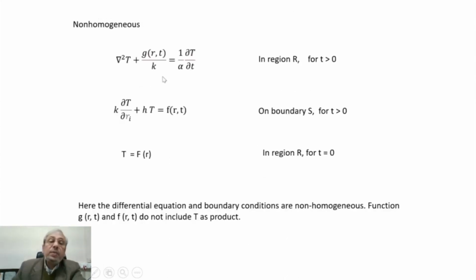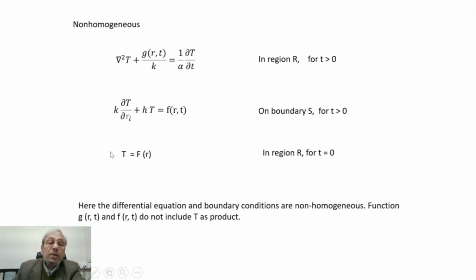The non-homogeneous problem we have also defined, which is Laplacian T plus g(r,t) by k equal to 1 by α ∂T/∂t in the region R for t greater than 0. This is another source term, and then k ∂T/∂r_i, spatial variable, plus hT equal to f(r,t) on the boundary S for time t greater than 0, and T equal to f(r) in the region R for t equal to 0.